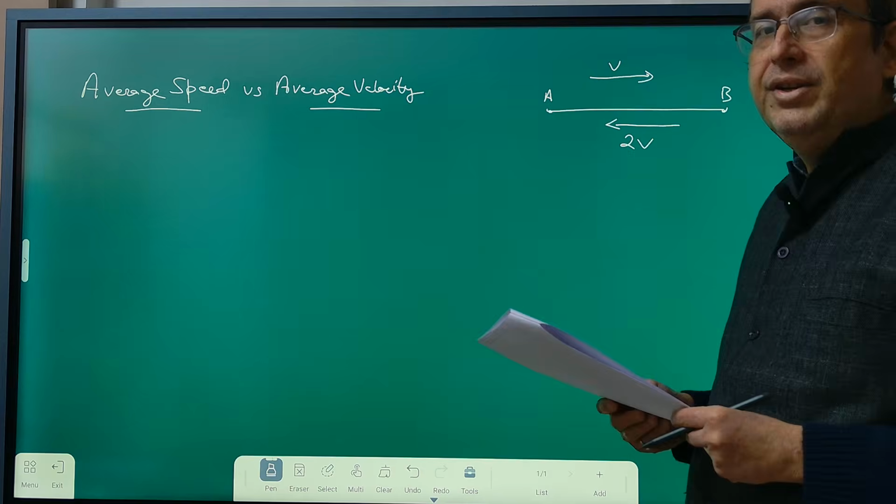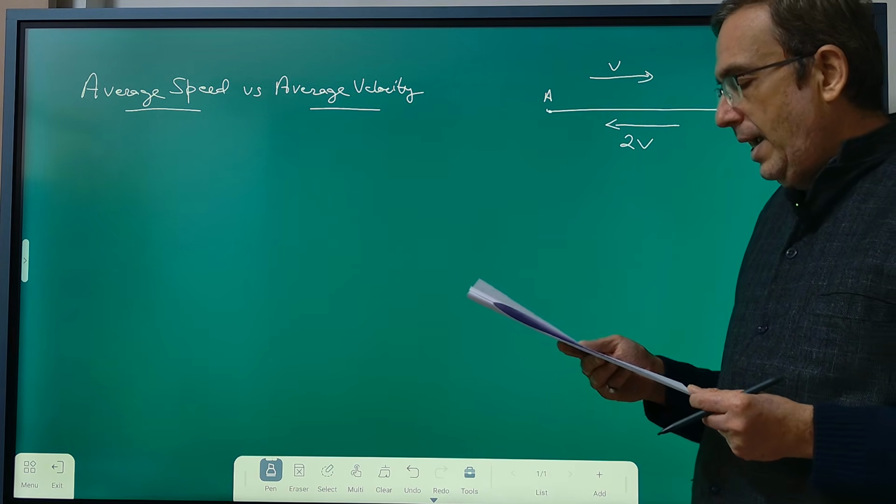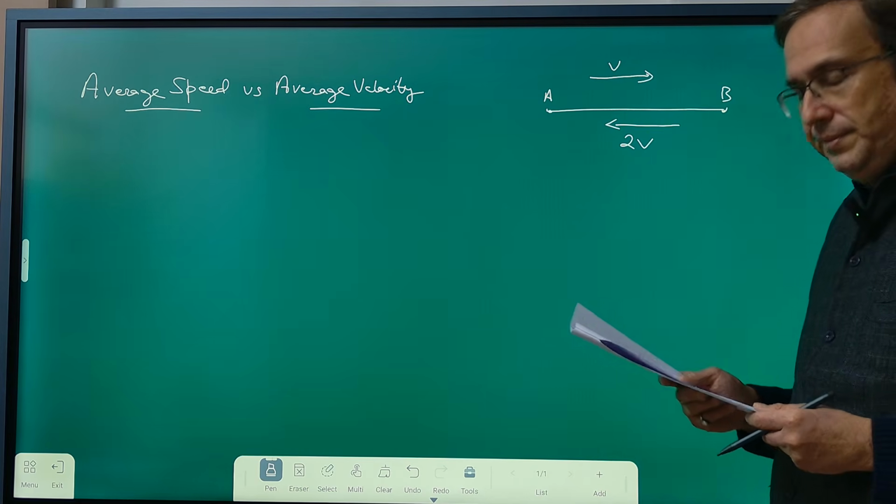So in the forward direction, the speed is v, in the backward direction, it is 2v, and we want to find out the average speed and the average velocity.